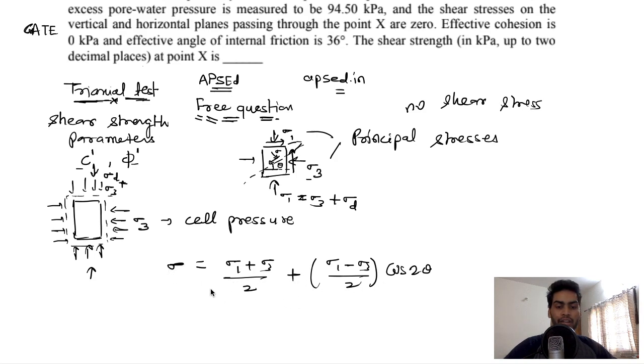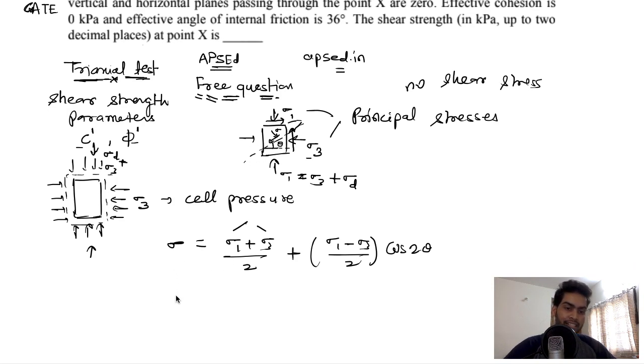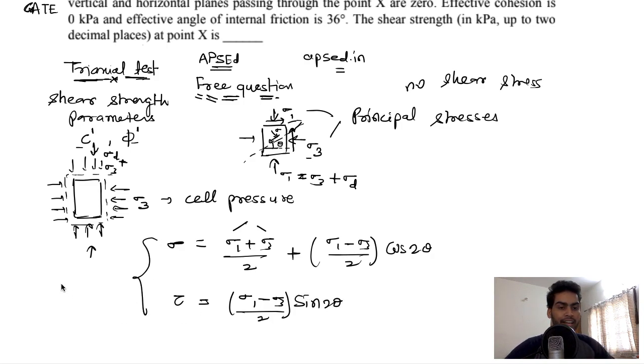You can remember it as it is. Sigma 1 is the major principal stress and sigma 3 is the minor. And similarly, the shear stress on this inclined plane is given as (sigma 1 minus sigma 3) upon 2 times sine 2 theta. So this we are getting from strength of materials.